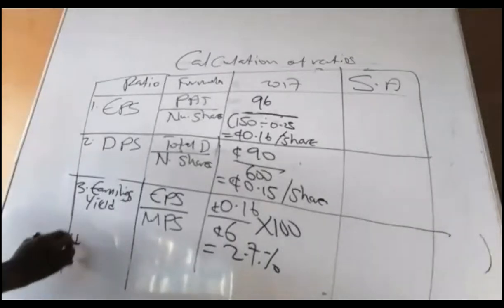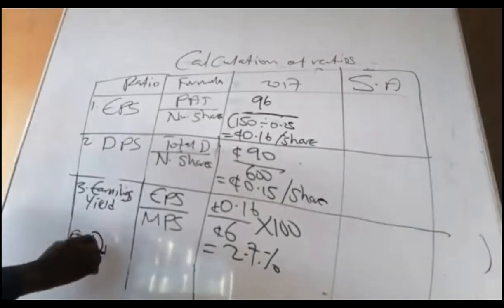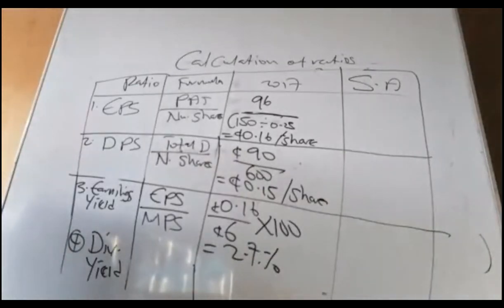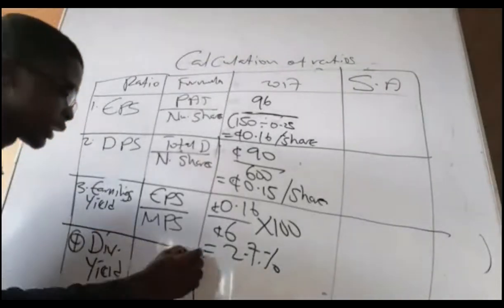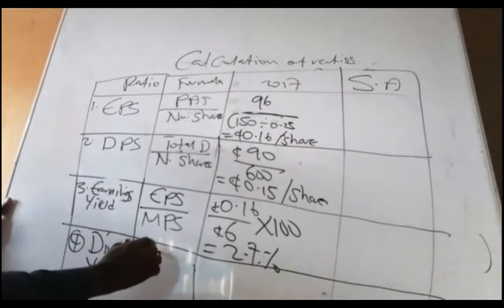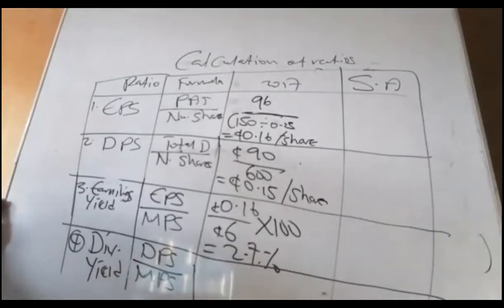Now let's go to number 4, the dividend yield. As usual, any yield is that item per share divided by the market price per share. So dividend yield is nothing but dividend per share over the market price per share, probably times 100.